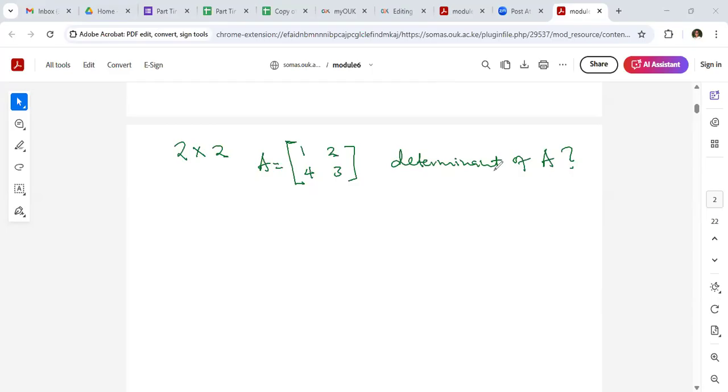1 times 3 minus 4 times 2. Okay, so you multiply the entries on the primary diagonal, then you subtract the product of the entries on the secondary diagonal.